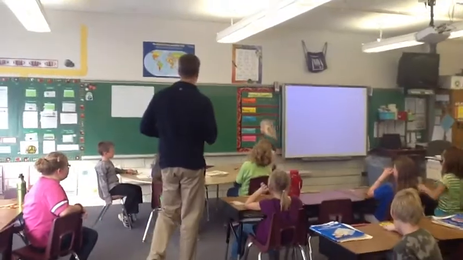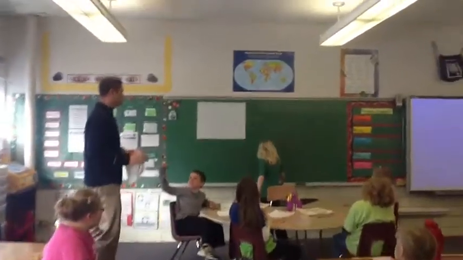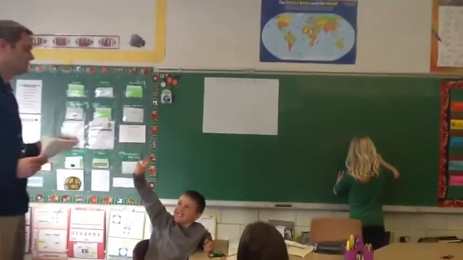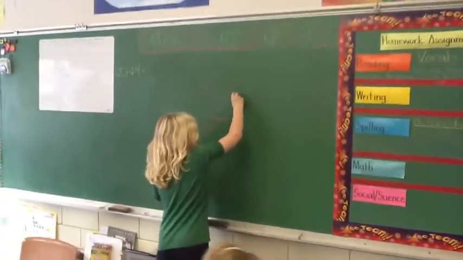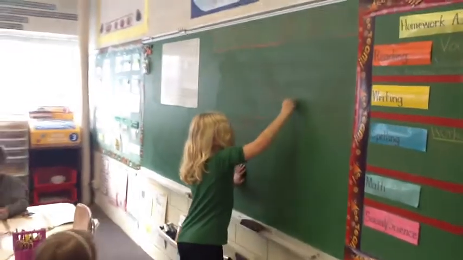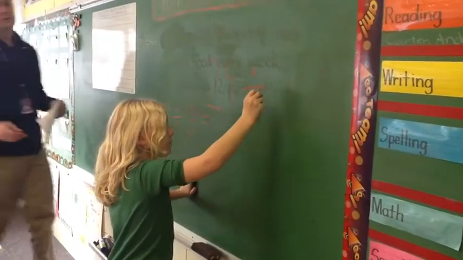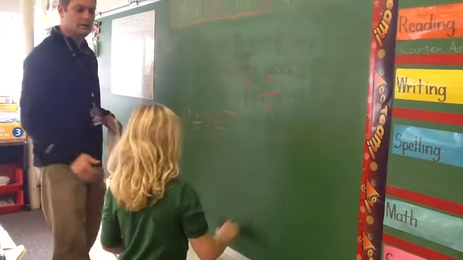And write it in a different way than what we see there, okay? Do it a different way. 24 divided by 6. Now remember, do you know a different way to write divided by?